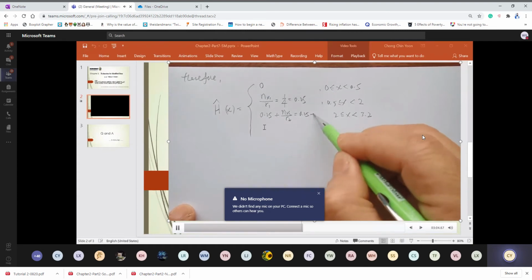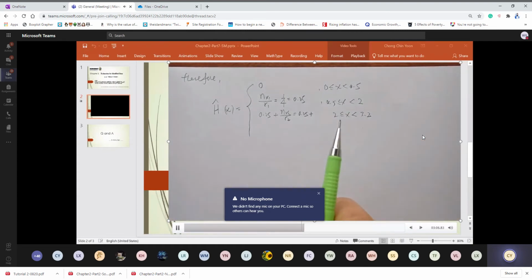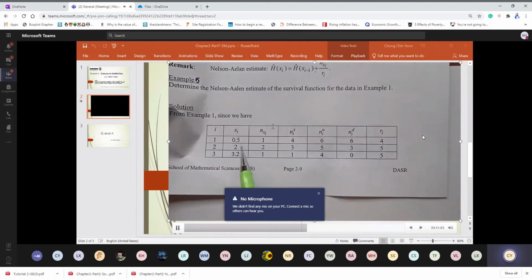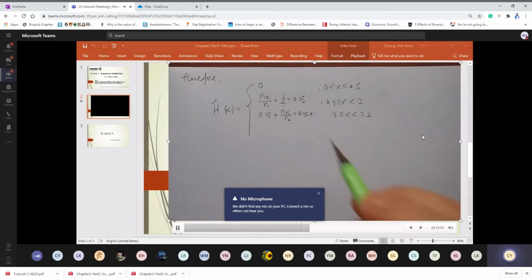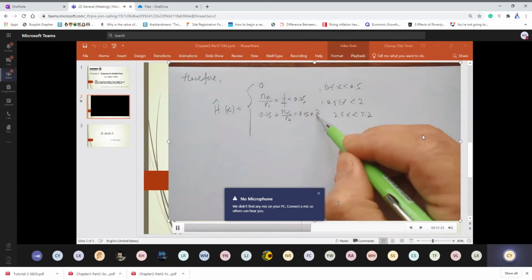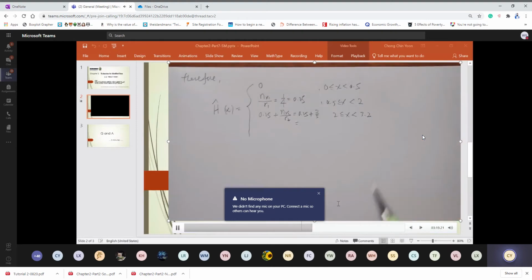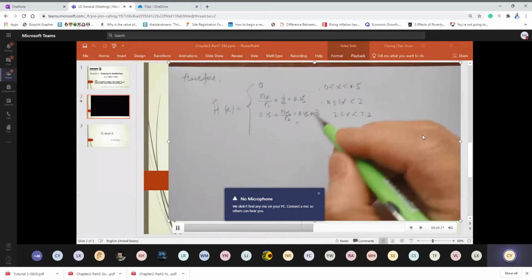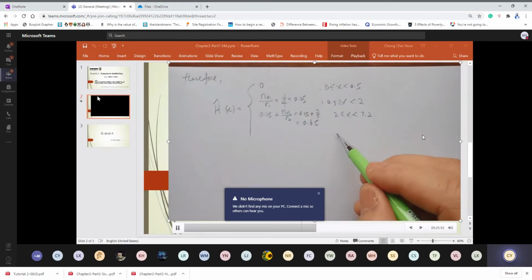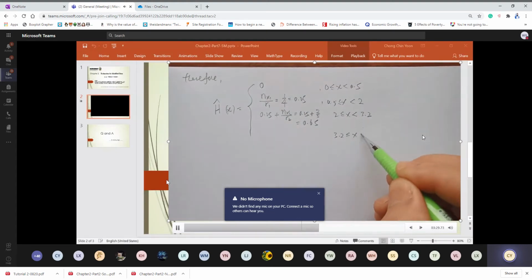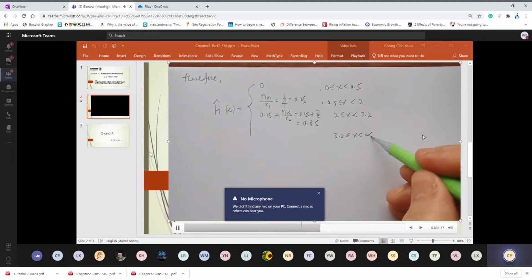So you can see the n_x2 is equal to 2, and then the R2 will be 5. So it will be plus 2 over 5. So you will have 0.65. Let's go to the last interval, that is from 3.2 to infinity.